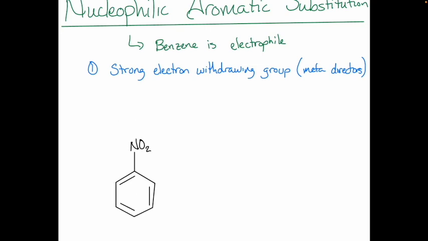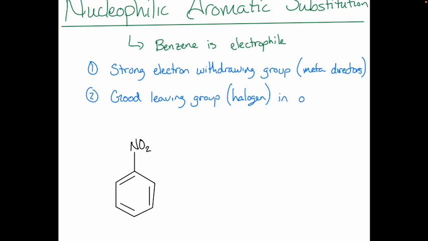Okay? Not only that, the ring also has to have a good leaving group, which would be a halogen. And that halogen has to be in a specific position.